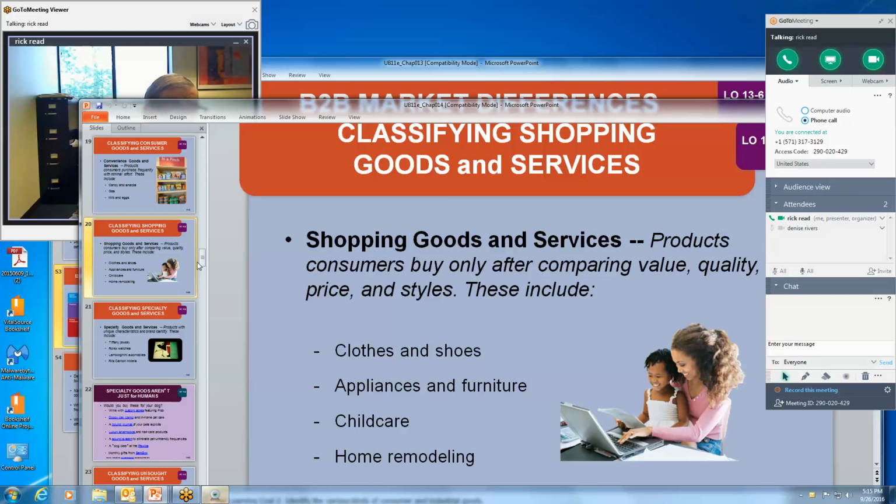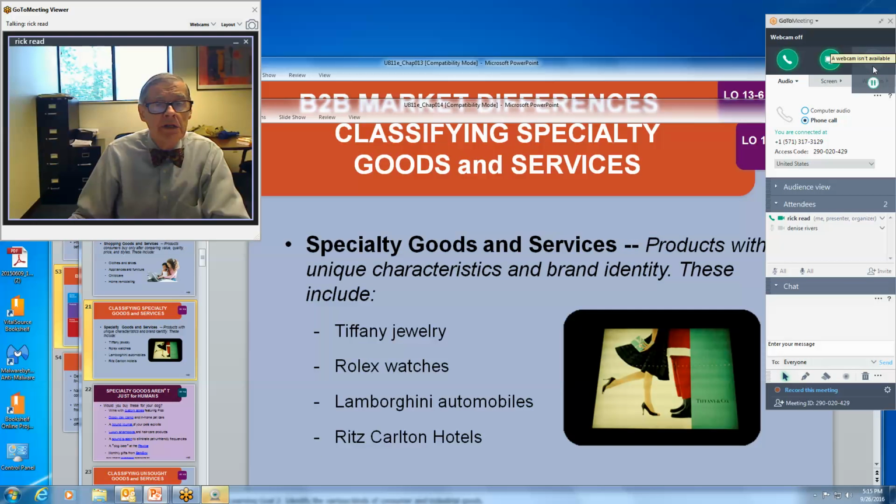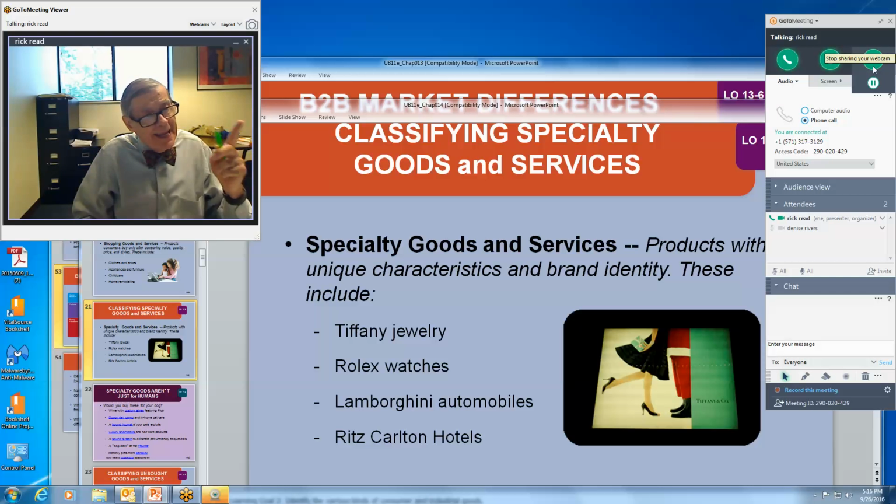Then we move to what are known as specialty goods and services. Notice that there's a brand name attached to these things. We're looking here at Tiffany jewelry, Rolex watches, and things of that nature. Unique characteristics, and we're not going to find these products every place in town.